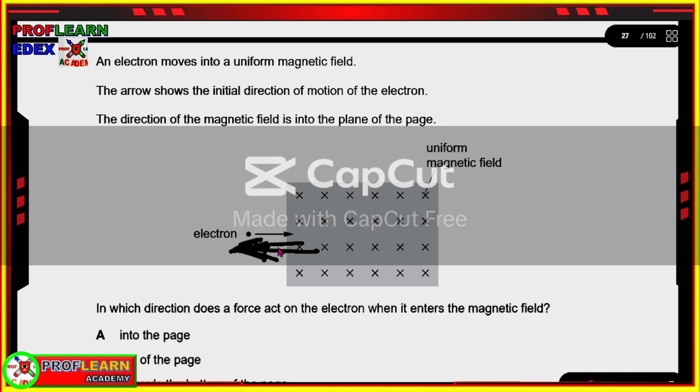If it's pointing in this direction, the thumb will be pointing downward. So the force experienced will be downwards, so the electron will follow that path, toward the bottom of the page.